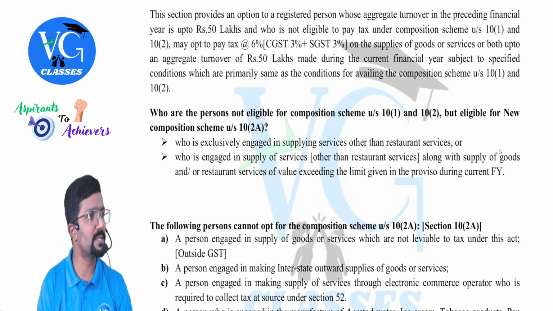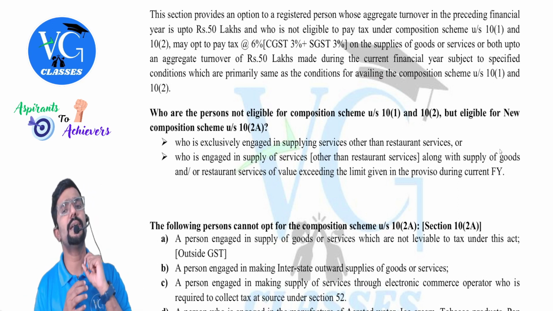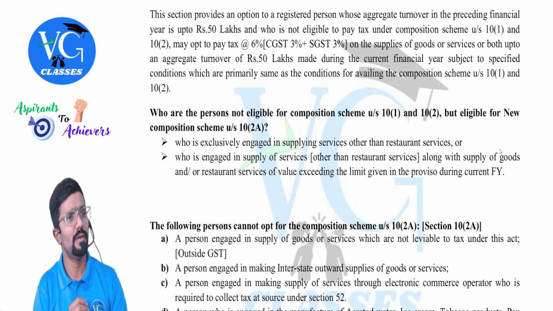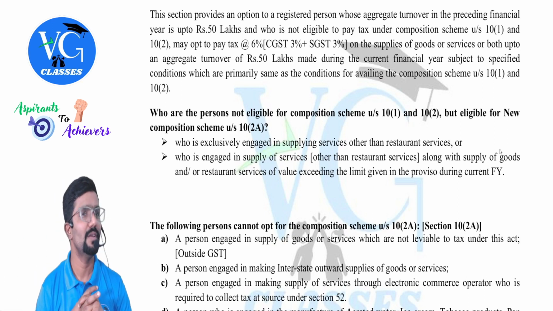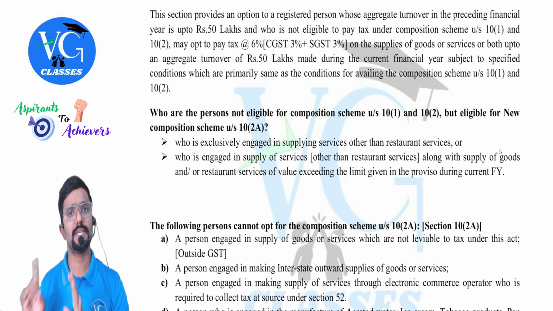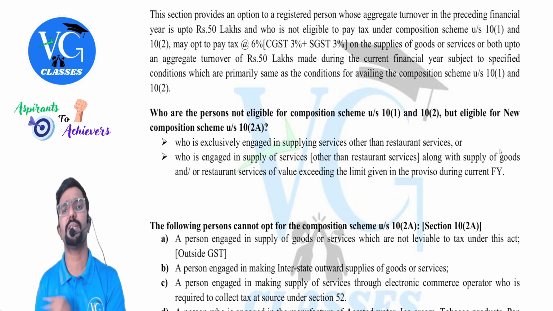At what rate? 6%. That is 3% CGST, 3% SGST. And guys, with respect to a composition supplier, there is no question of IGST. Why? They cannot supply outside the state. The total rate is 6%, but obviously if I give a breakup, it will always be CGST plus SGST or CGST plus UTGST.